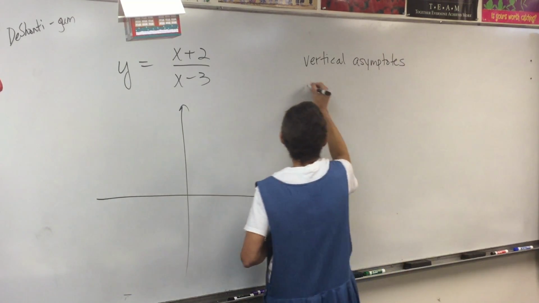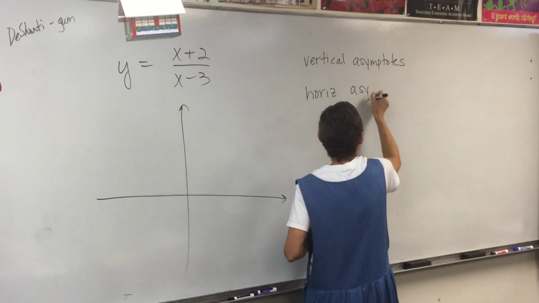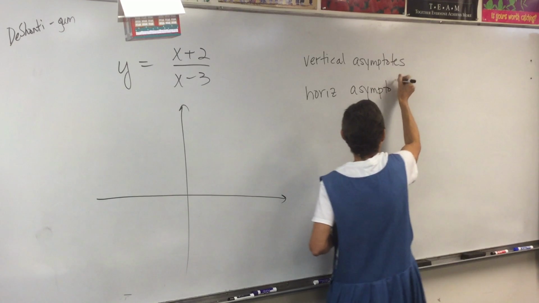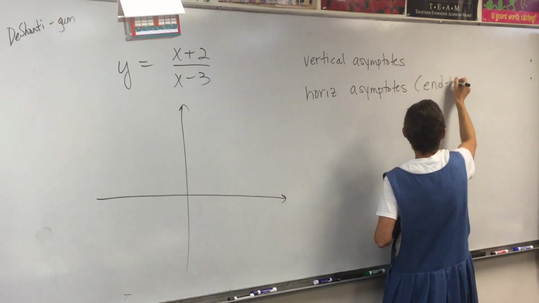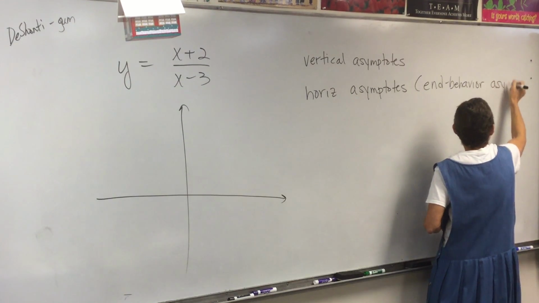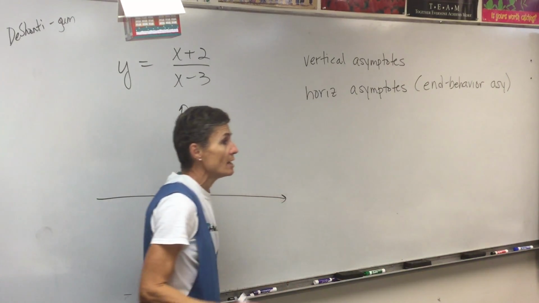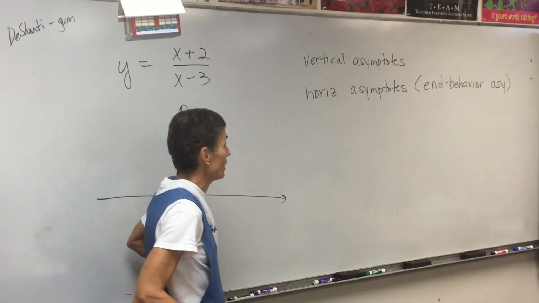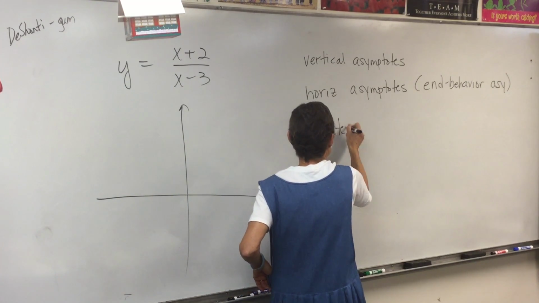The vertical asymptotes, the horizontal asymptotes, and now that we're a little bit older and more mature, we're going to call those sometimes end behavior asymptotes. They're the same thing. So if I refer to it as an end behavior asymptote, I'm talking about the horizontal asymptote. We're going to find the X-intercepts.